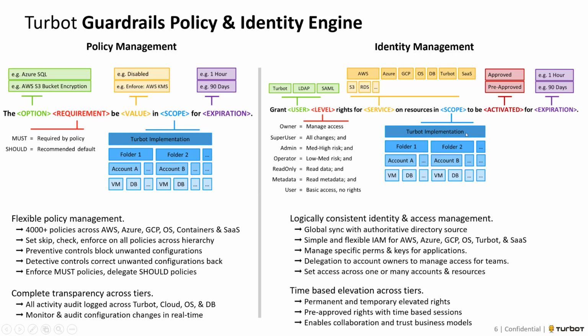And that's true on the identity side. So it's the same type of hierarchy that you're defining. Any type of folder structure with nested folders to then define multiple parts of your organization, whether that definition is coming from Amazon orgs or GCP organizations or your Azure tenant and your management groups, or you're defining that individually in Turbot. You can define whatever hierarchy that you set, and from there you're setting policies and also identities across that.